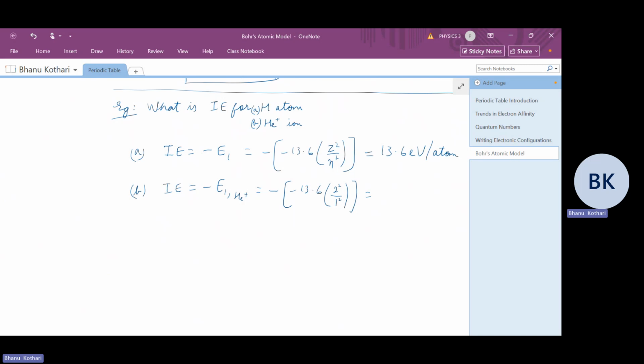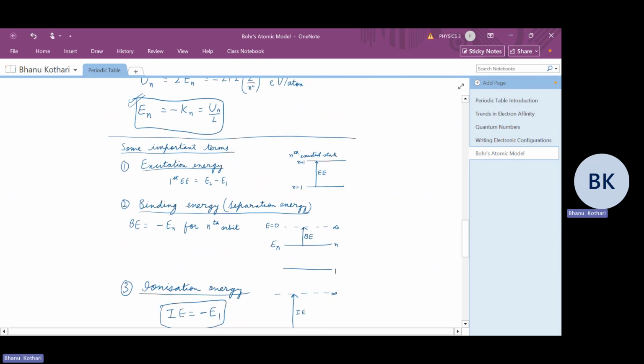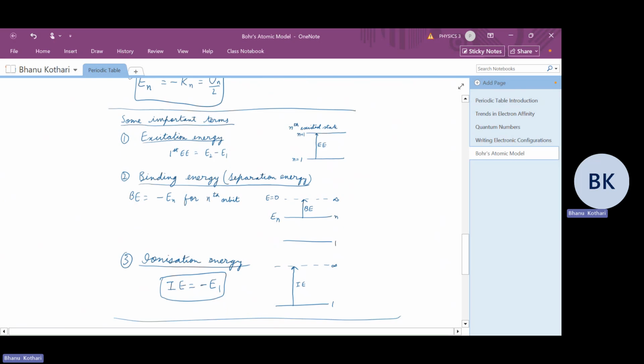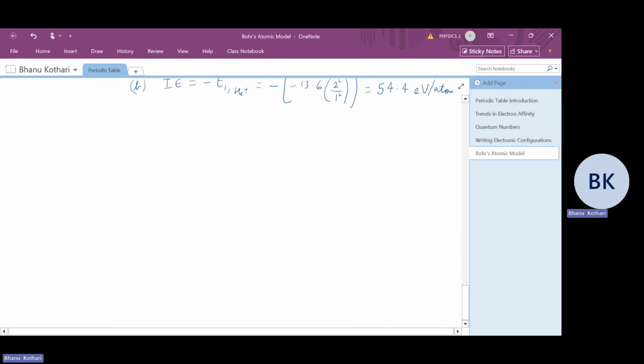So 13.6 into 4 will be how much? 52 plus 2.4, 54.4 electron volts per atom. All right. So these kinds of questions you can answer based on the formulas of excitation energy, binding energy, and ionization energy. We can calculate these when required.